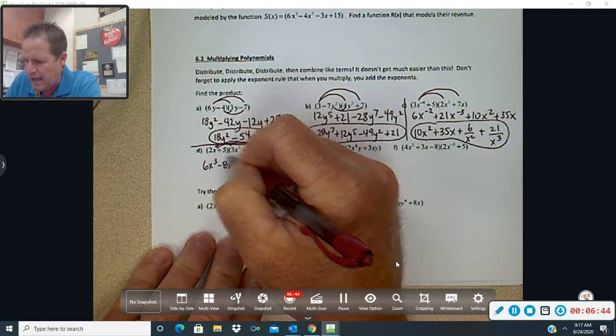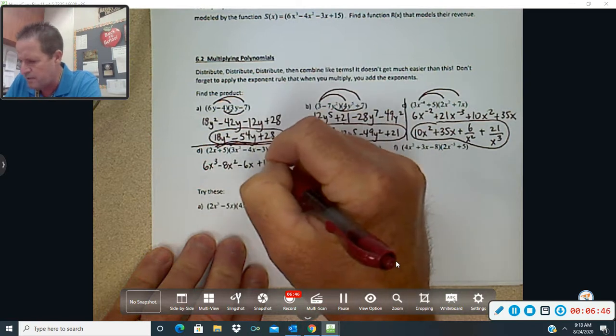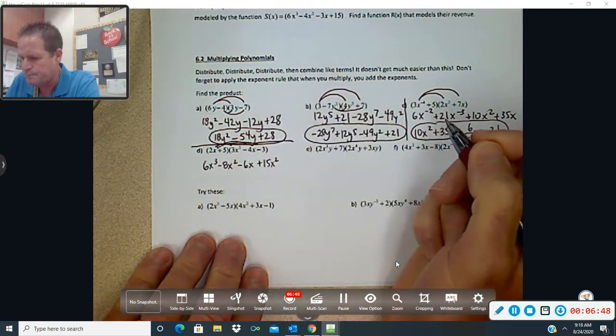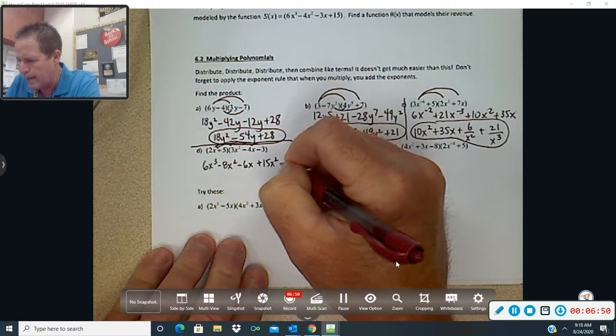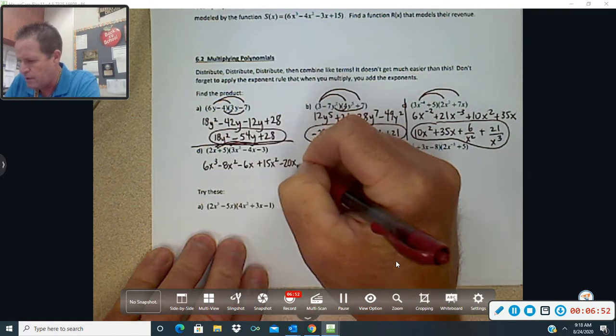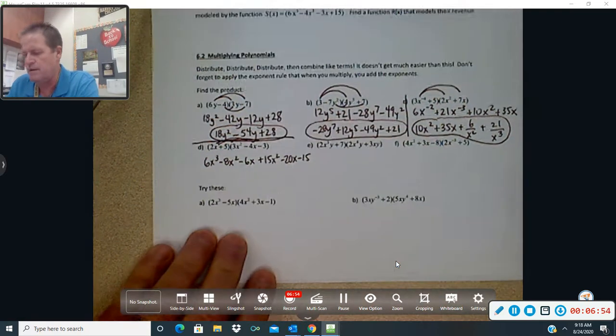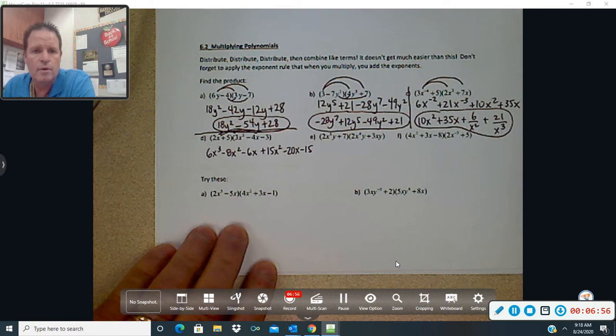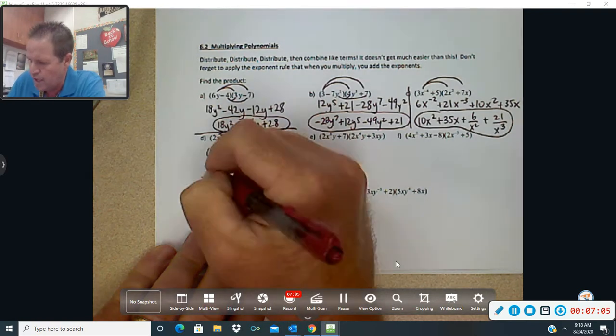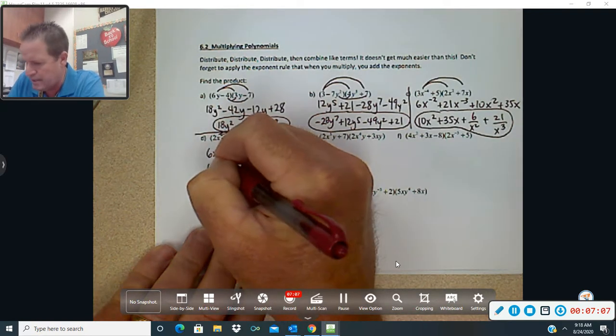Distribute the 5 to all three parts. You're going to have plus 15x squared minus 20x minus 15. And there we go. We've multiplied. Now we need to combine like terms and write it in descending order, highest power down to lowest power. So you're going to have 6x cubed. That doesn't combine with anything.